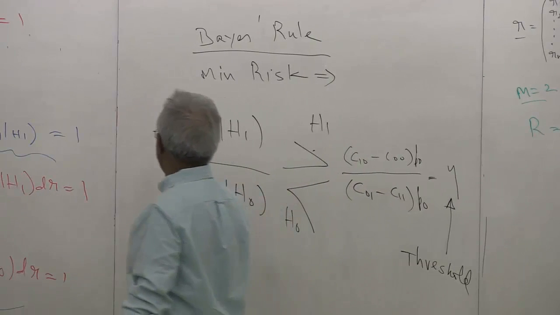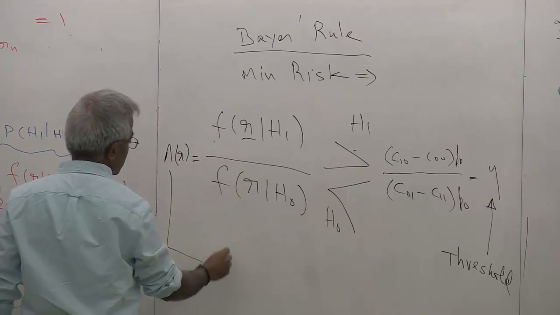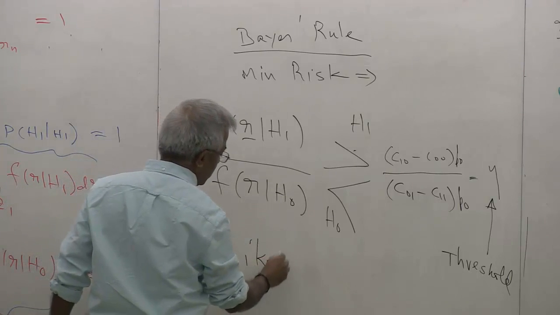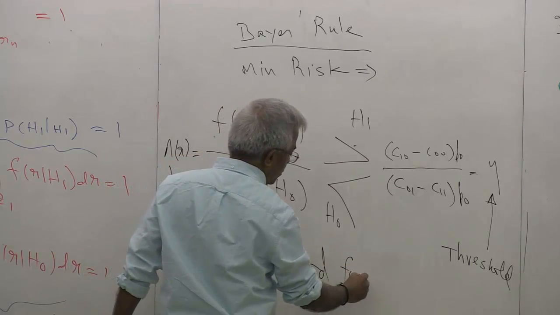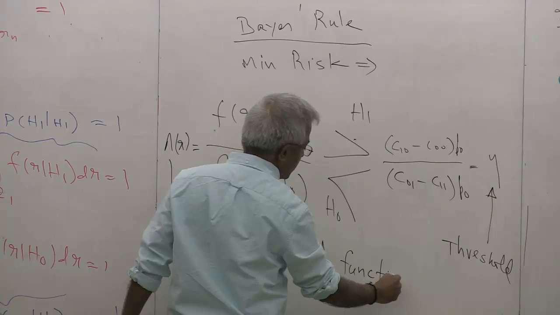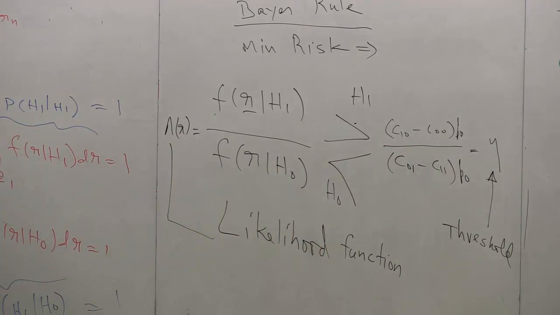This quantity, generally the symbol used is capital lambda R, and this is known as the likelihood function. You are going to hear this word likelihood again and again, but this is the likelihood function.